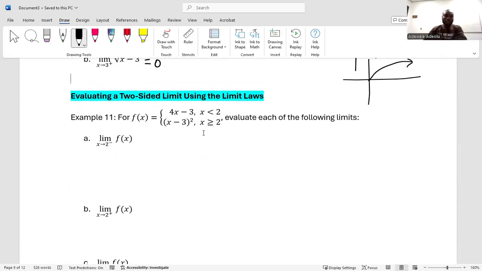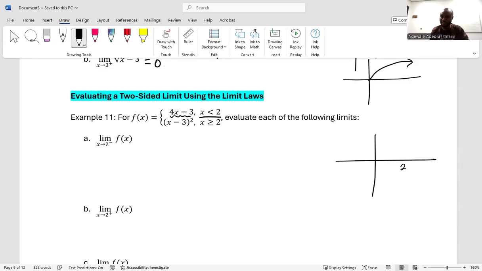Okay. The next thing we want to look at is evaluating a two-sided limit using the limit law. The first example I'm giving you here is a piecewise function. That function is defined as 4x minus 3 when x is less than 2.